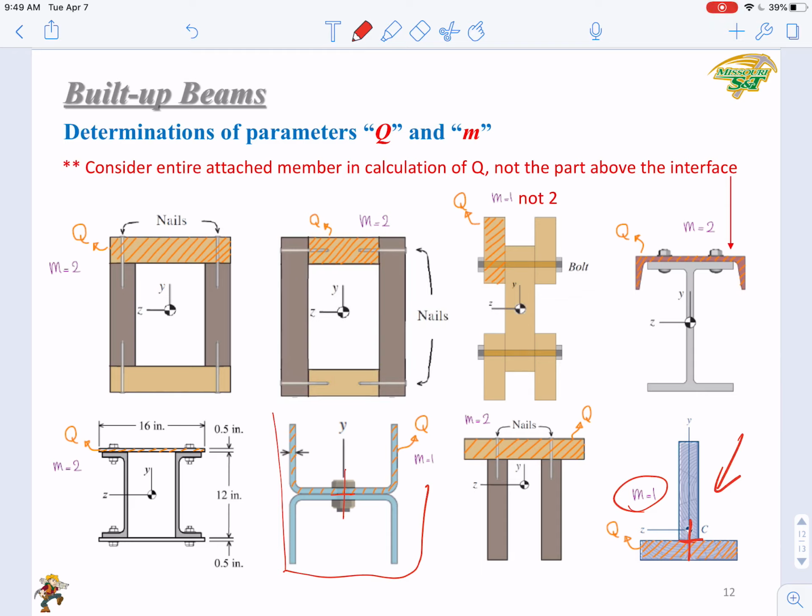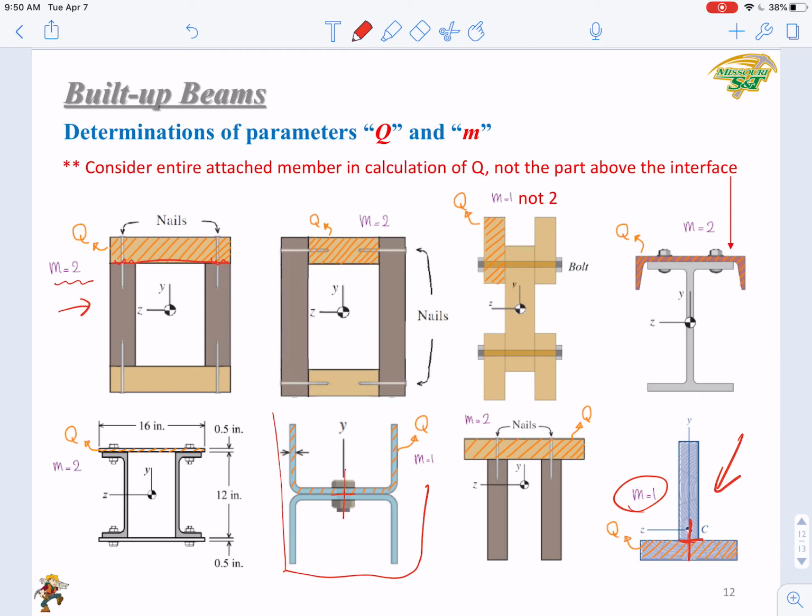So in the rest of these examples, you can see here, the first one, when you cut the area, you can see that you have 2 rows of nails, right? 2 rows of nails, so the M is 2, and only one surface of them will be sheared.